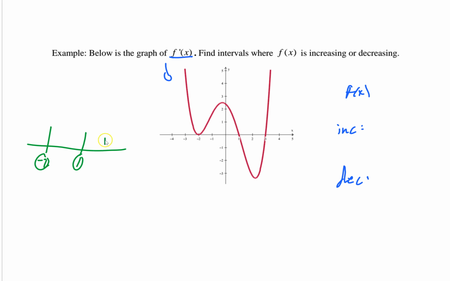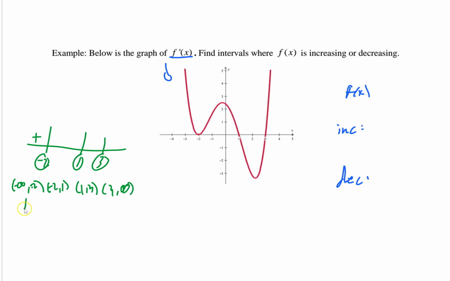We got 3. Right? The good thing is I don't need to plug in points. They gave me the graph. Before -2, positive. Right? Probably let's try my intervals here. Negative infinity to -2, -2 to 1, 1 to 3, and then 3 to infinity. Right? Those are the intervals I'm using.